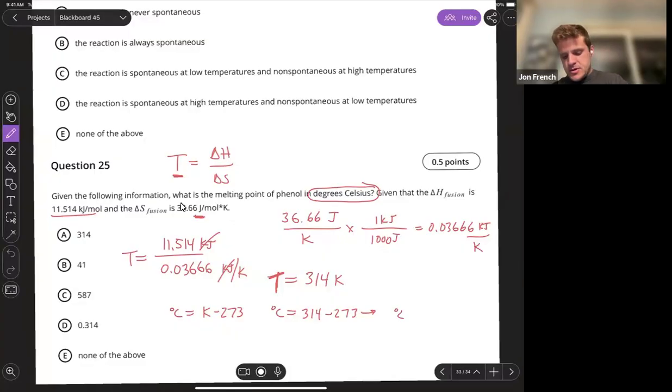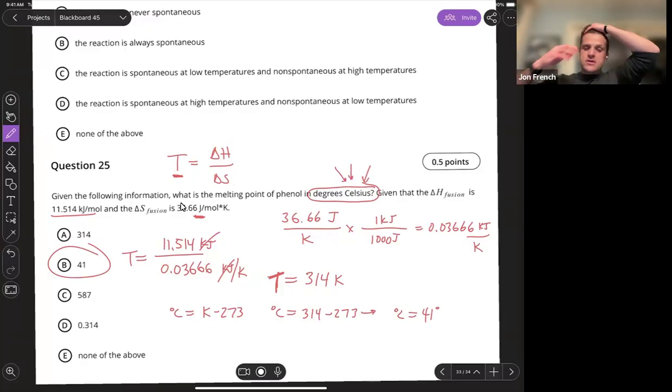Yeah, we're looking at a temperature of 41 degrees Celsius. So that was the only trick there, that we had to convert the temperature, right? Because that original calculation is just going to give you temperature in Kelvin. We'll just convert it over to Celsius.